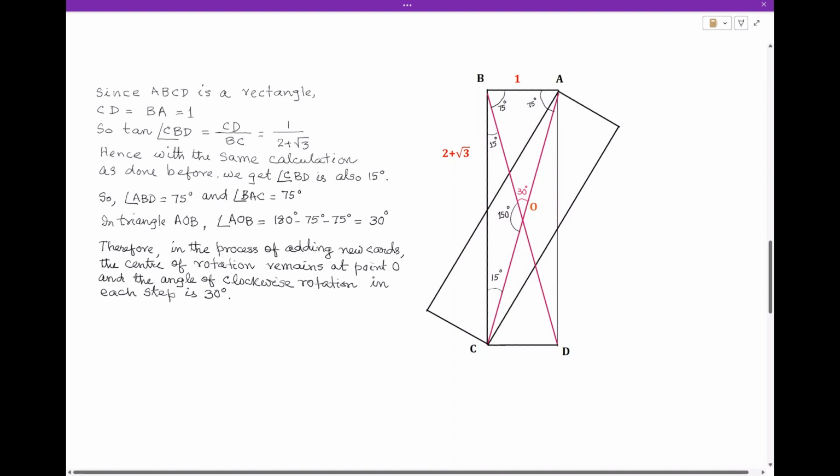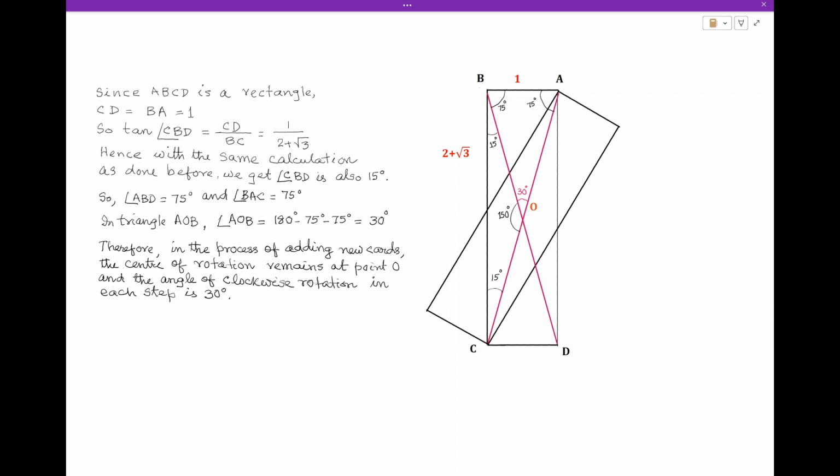Since ABCD is a rectangle, CD is equal to BA is equal to 1. Therefore, tan CBD, that is the tan of this angle, is equal to CD divided by BC, which is again 1 divided by 2 plus square root of 3.